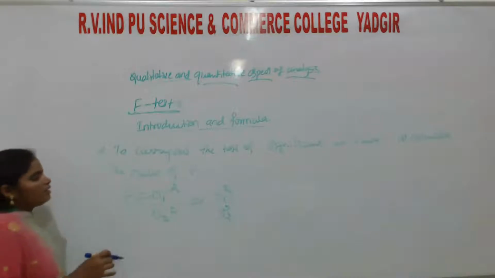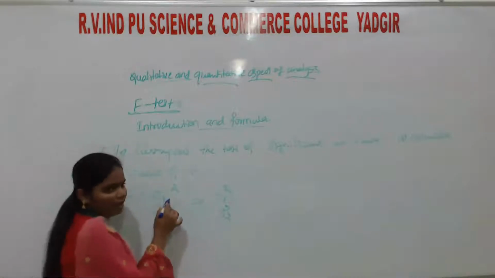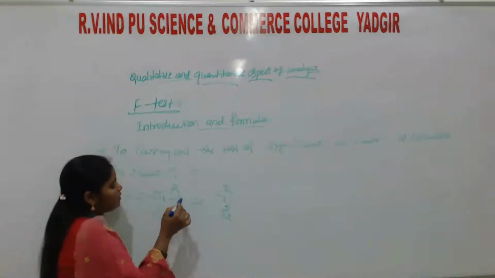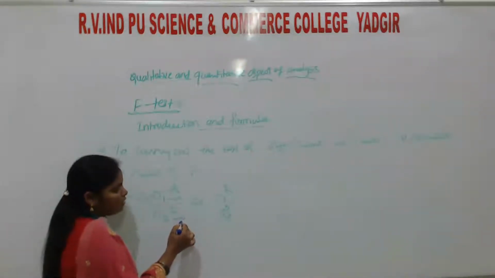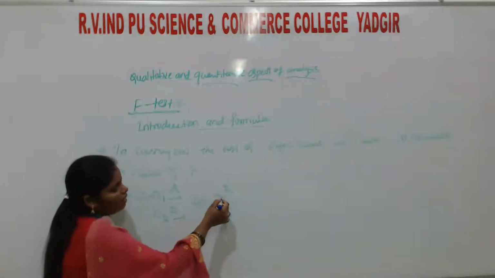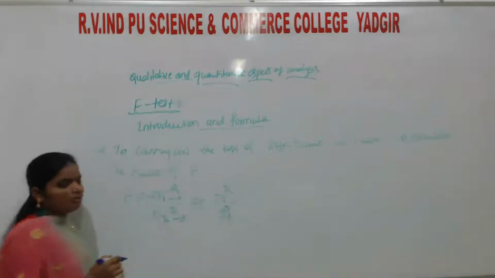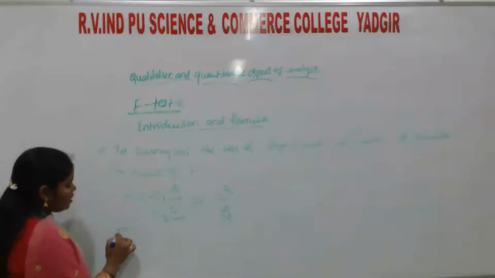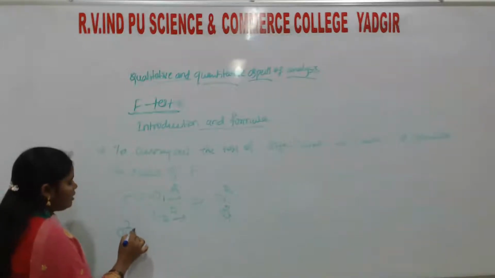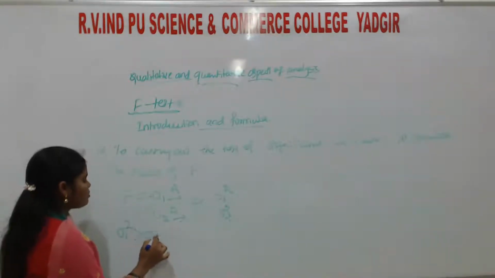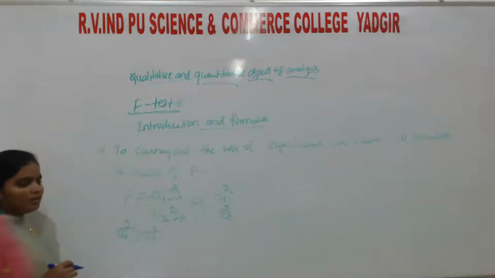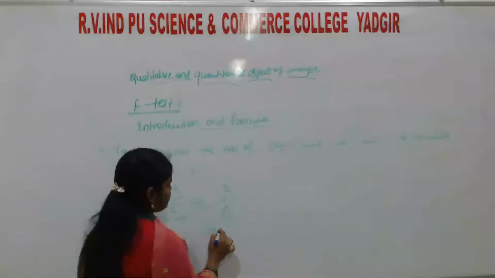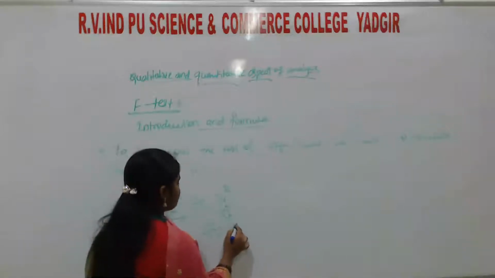Here the numerator value is always greater and the denominator is always smaller. Here sigma 1 square is greater than sigma 2 square, and here also S1 square is greater than S2 square.